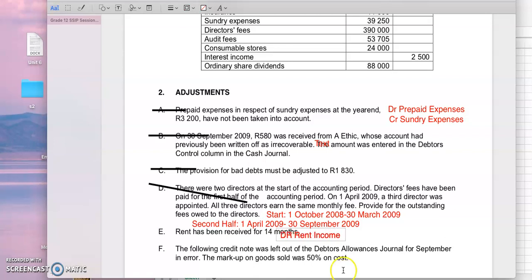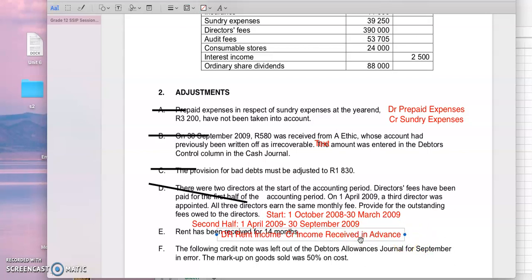We want to decrease our rent income. We received too much. We need to decrease it. So we're going to debit rent income and we're going to credit income received in advance. Income received in advance can also be called deferred income.